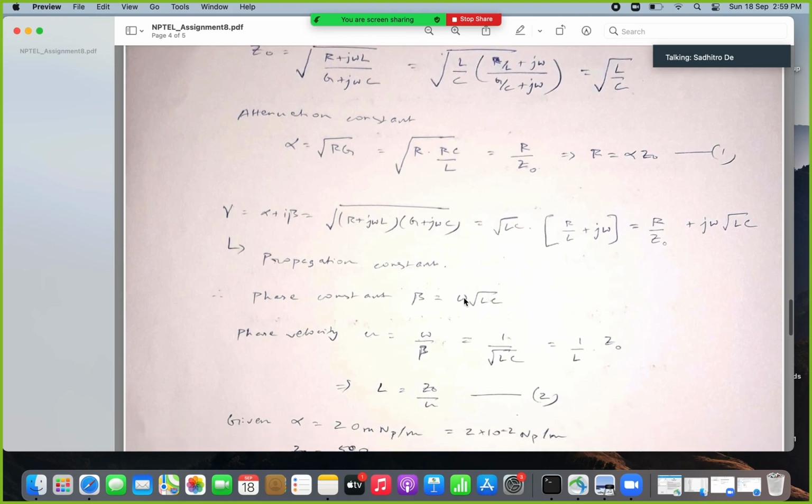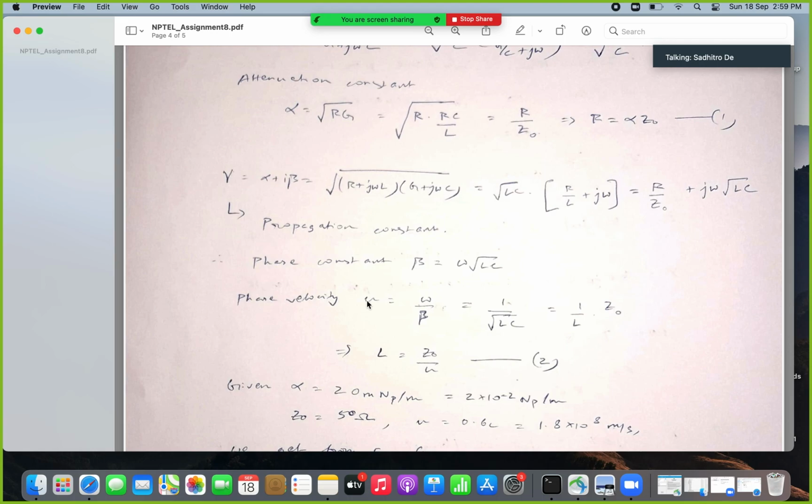So here also the phase constant is omega into root over LC, and phase velocity can be defined as omega by the phase constant. So then phase velocity can be written as 1 by root over LC. Now if you multiply the numerator and denominator by root over L, then you get 1 by L into root over LC, which is equal to Z0.